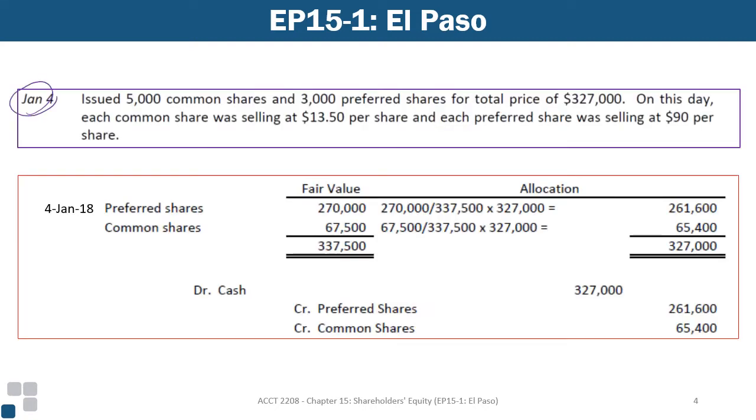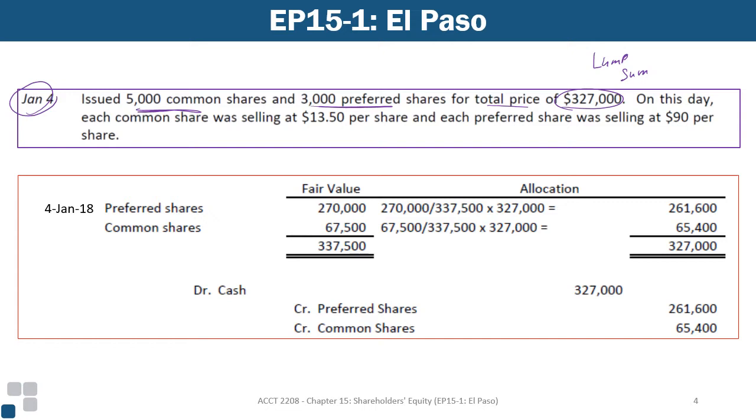Okay, for our first transaction dated January 4th, El Paso issued 5,000 common shares and 5,000 preferred shares for a total of 327,000. This, in essence, is a lump sum issue of shares.